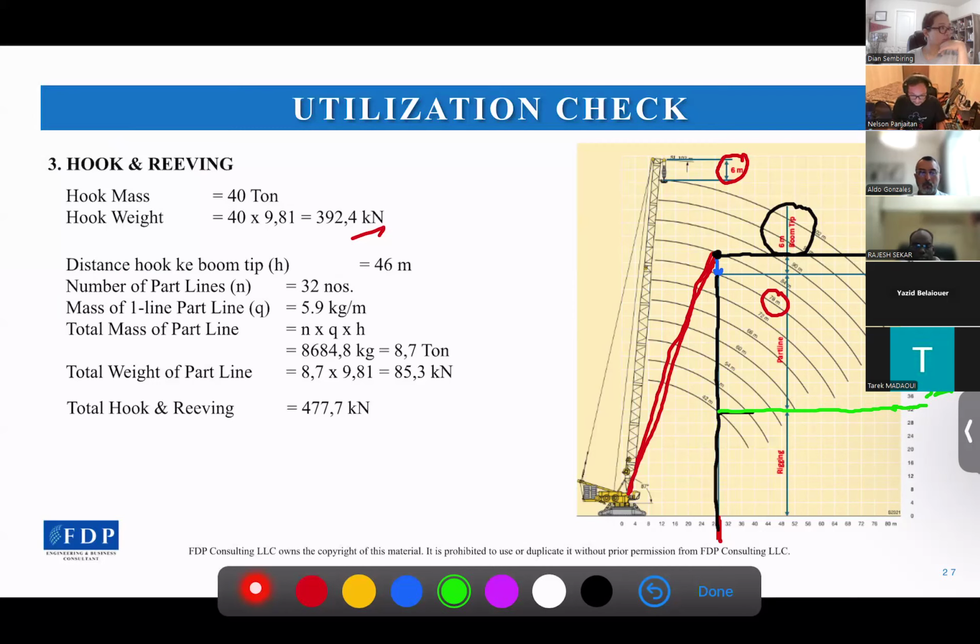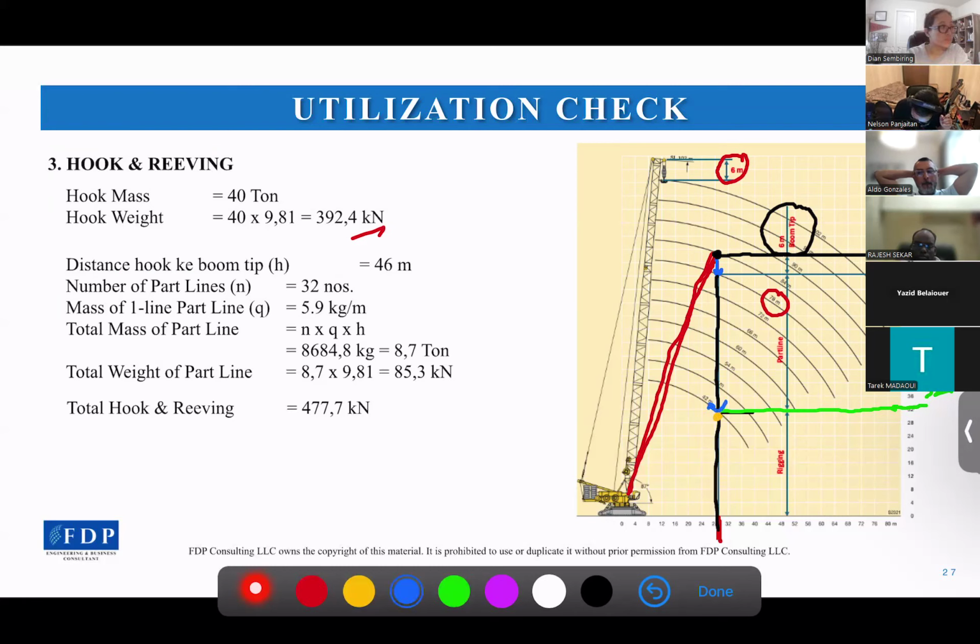And then we have rigging, 32. Then the part line length is now 78. So when the rigging is here, then this hook will be going down here, correct?